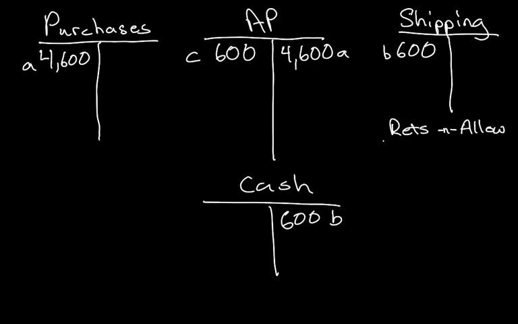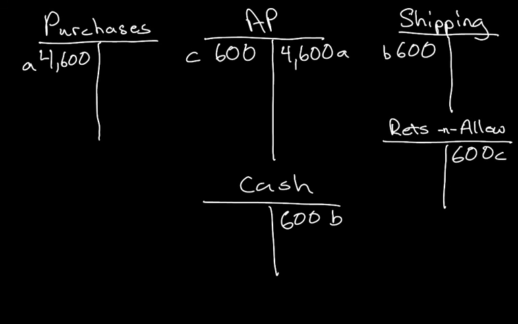I'm going to use a lot of abbreviations here, so please bear with me. Those $600. Now, on April 17th, Lion Company decided to pay for their April 2nd purchase, net of the discount and the return on merchandise.